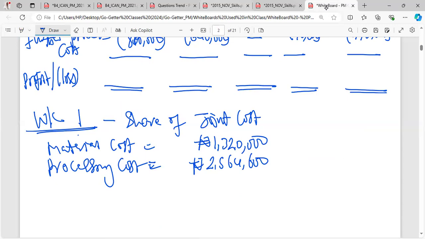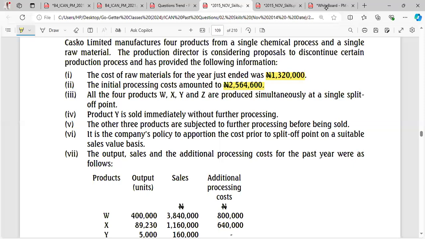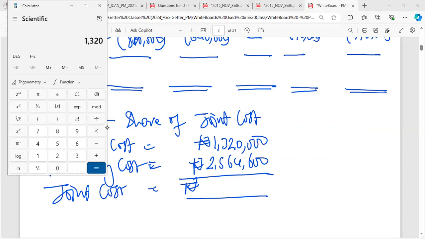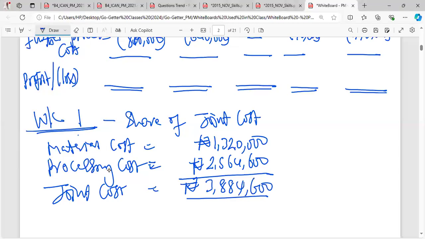Let's add this to get our joint cost: 1,320 plus 2,564.6 will give you 3,884.6. So this is your joint cost.